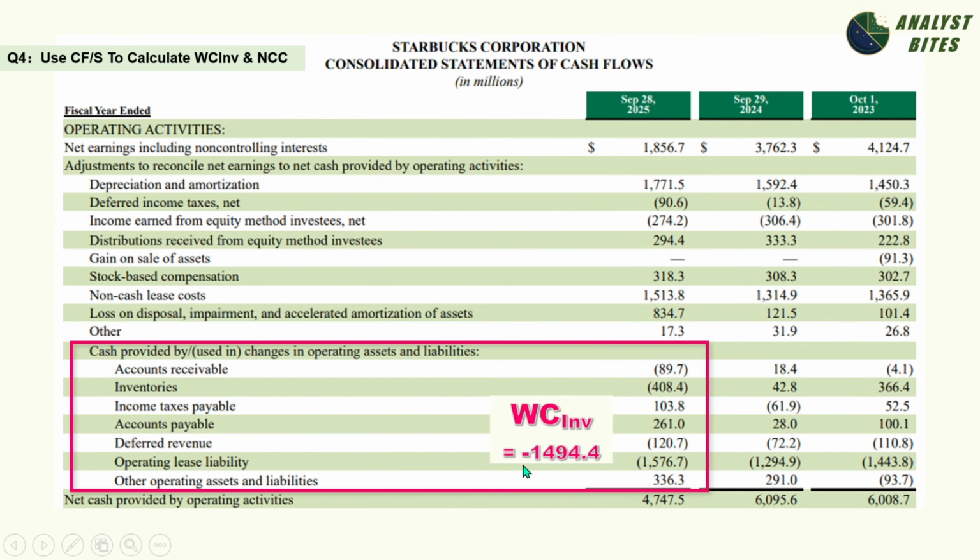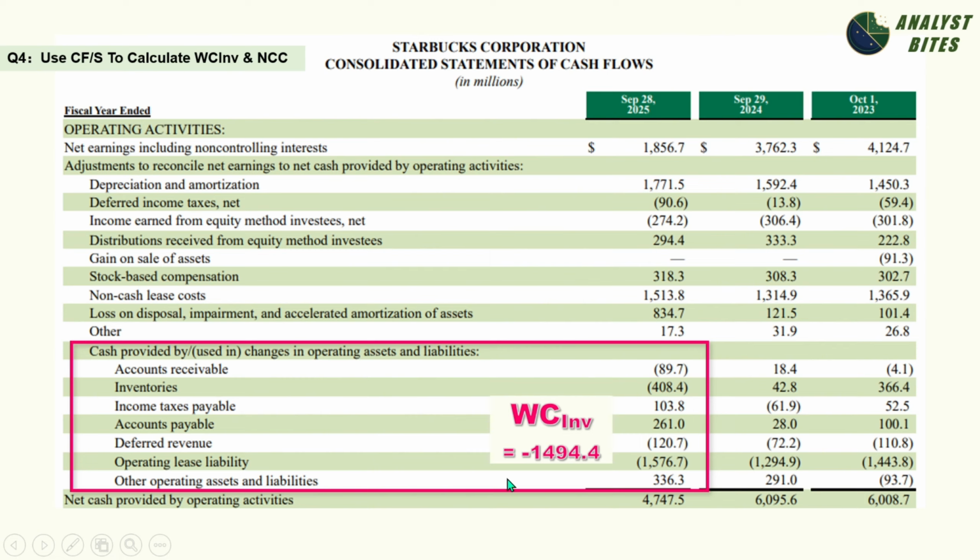This negative number already tells us that Starbucks literally paid out this much cash to expand its working capital. That negative sign is the minus sign in your FCF formula. If you subtract it again, a double negative becomes a positive.